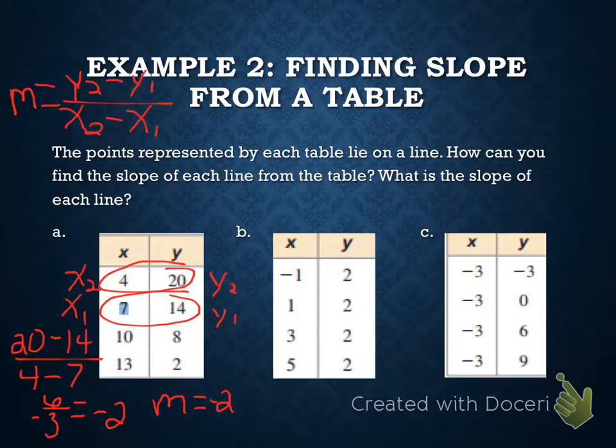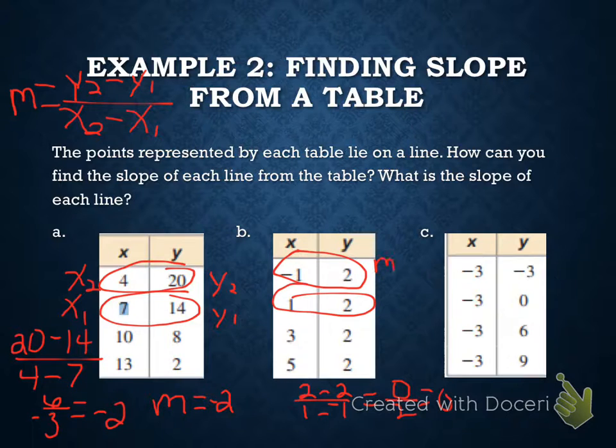So when you choose any 2 points on the table, say this one and this one, you're going to get 2 minus 2 on the top and 1 minus -1 on the bottom, which is 0 over 2, which is just 0. So there is a 0 slope. It doesn't mean no slope, it just means that there is a 0 slope.